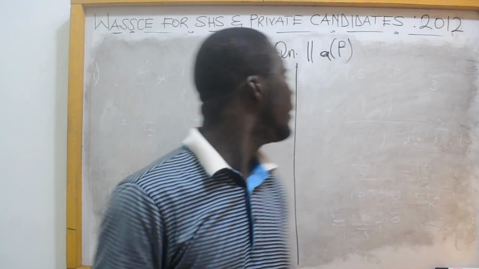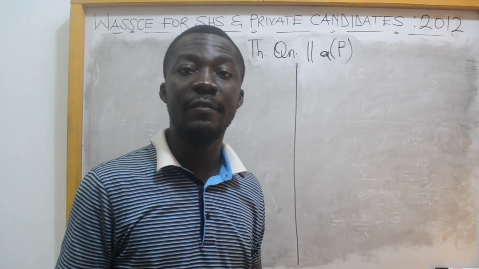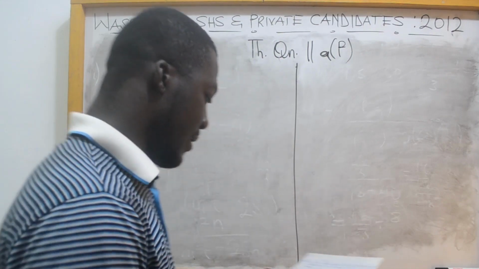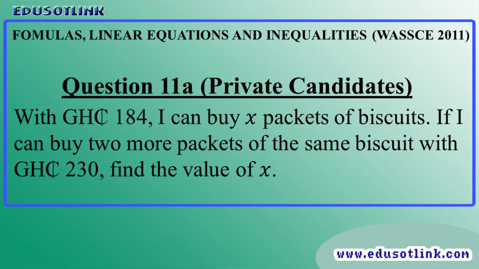Theory question 11A for private candidates. And the question says that with 184 Ghana cedis, I can buy x packets of biscuits.